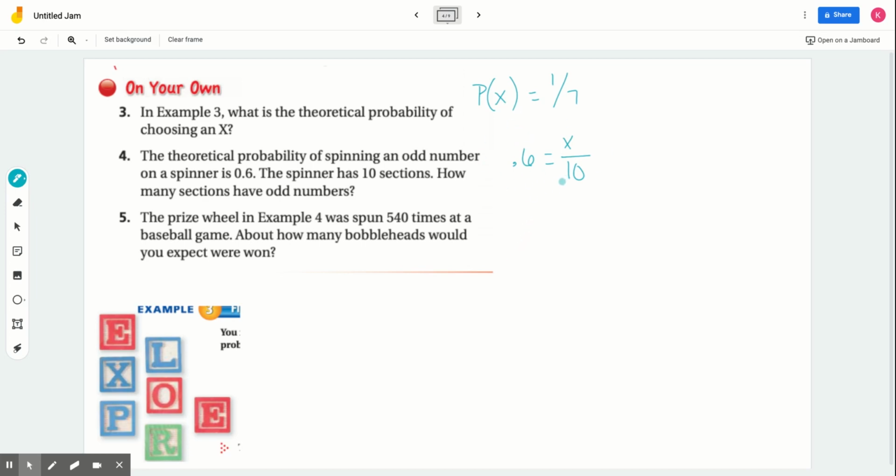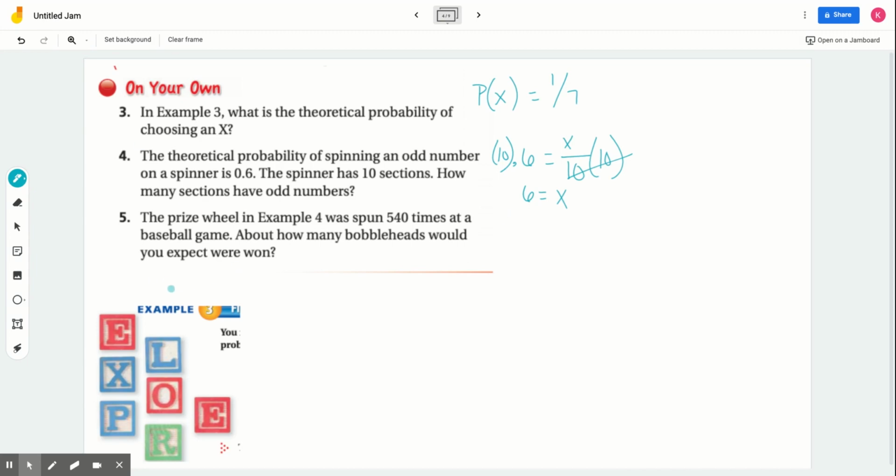So we can solve this equation, or this proportion. So 10 times 0.6 is 6, because we're multiplying by 10 on each side. So we know that there are 6 odd numbered sections. Now you go ahead and try number 5 on your own.